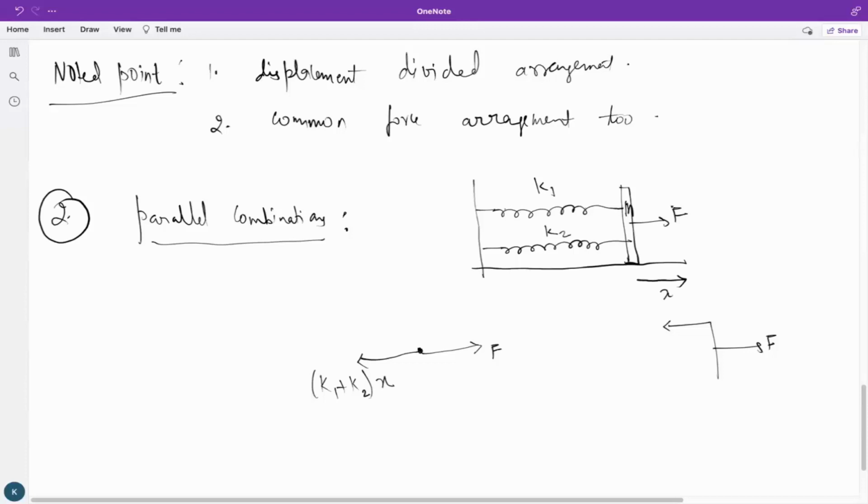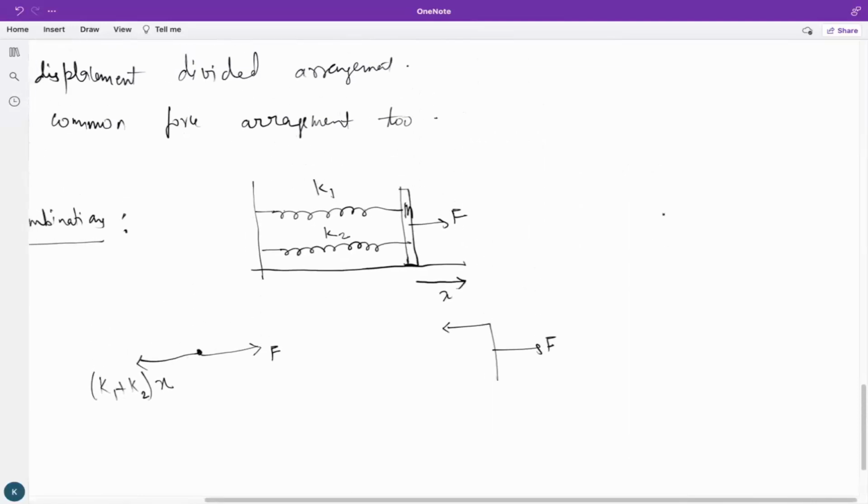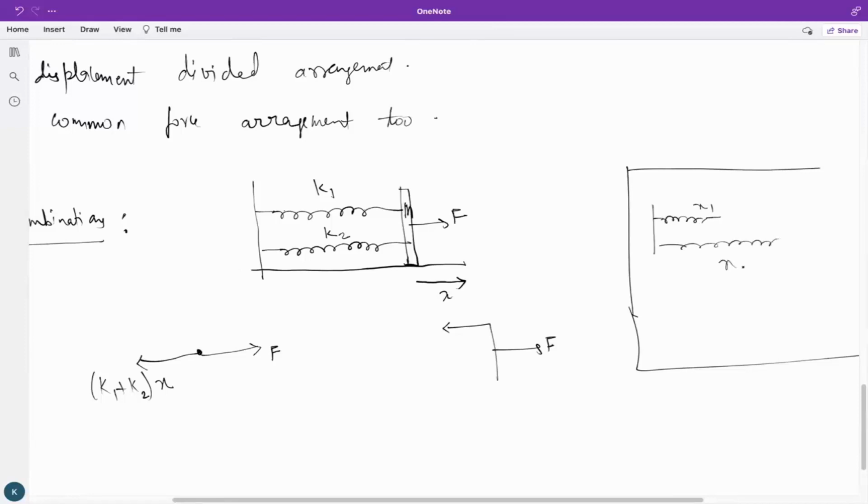Let me draw it here roughly. Suppose both springs have different displacements: this has x1 and this has x2, and I'm assuming x2 is greater than x1.